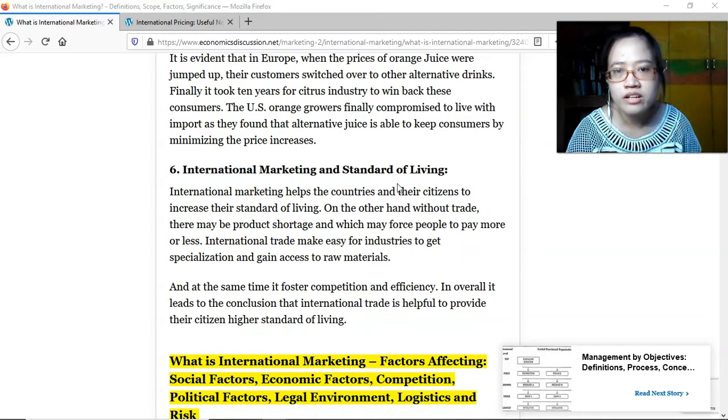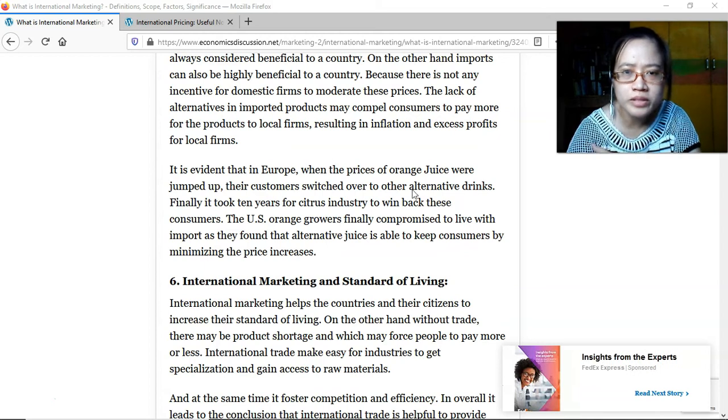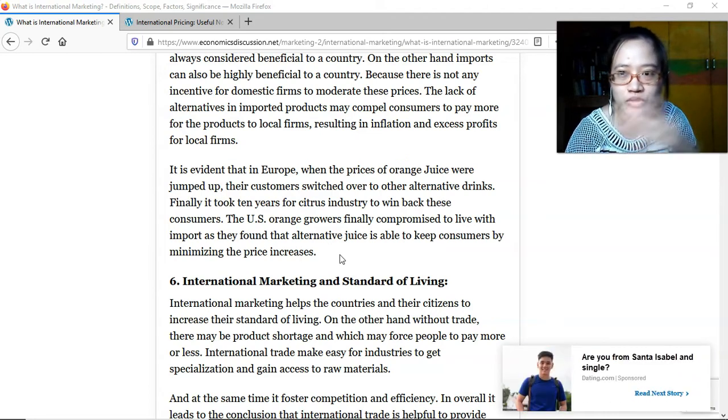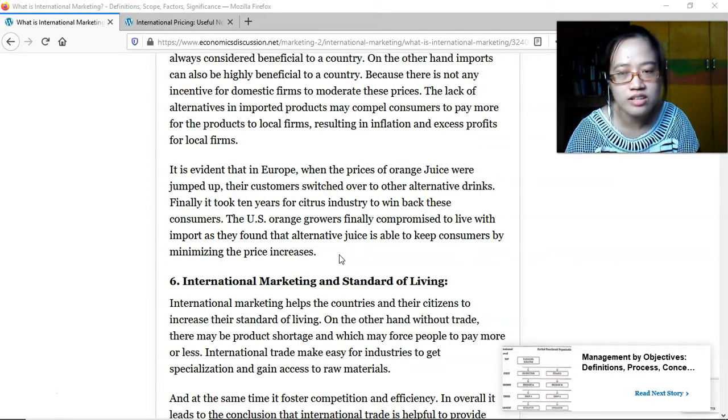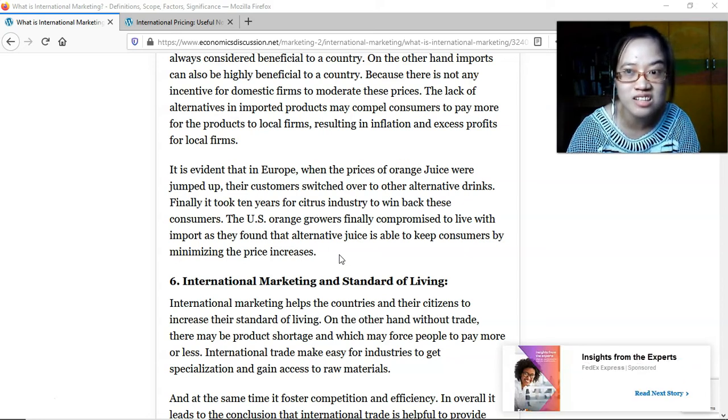International marketing and standard of living. I think it should be noted here that when the local prices go up, the people really have a tendency to just buy from other markets. So sometimes I can't exactly blame the people if they are buying from foreign sellers instead of our local sellers because of the cost.